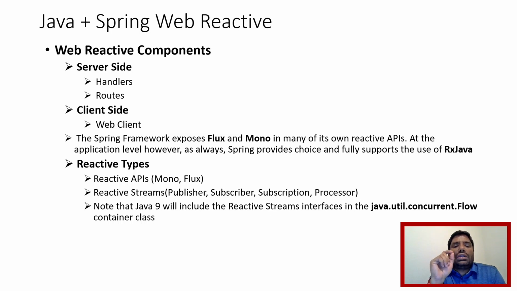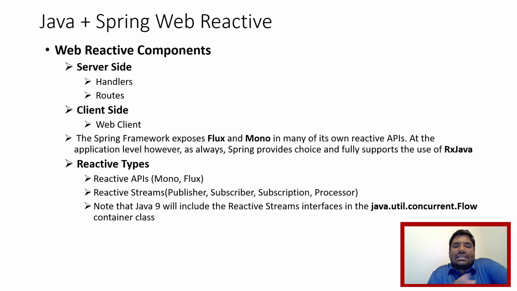In that case you use Mono. If you want to get a list of employees, you need to use Flux. Underneath, these two are implemented by the reactive framework, as we saw on the first and second slides. So the reactive types are Mono and Flux.